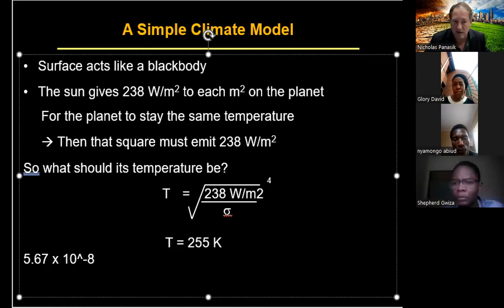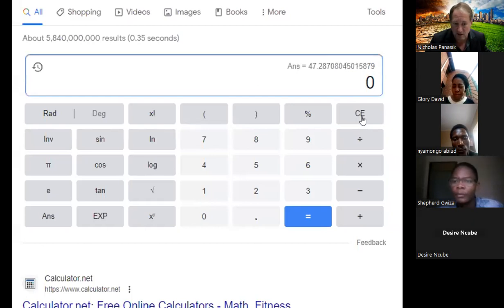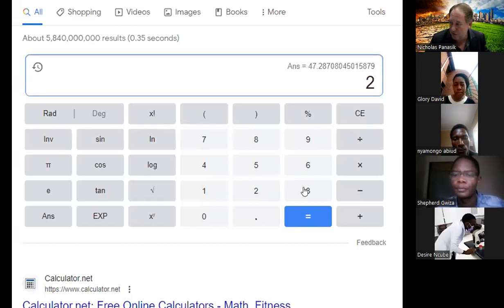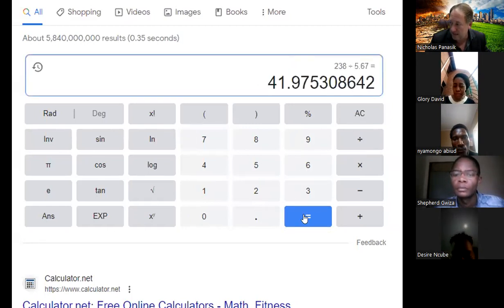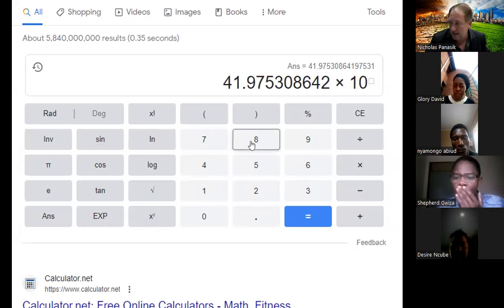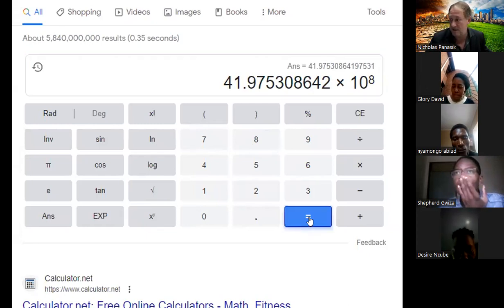So one way I could do that is, if I had 238, and then I'm going to divide that by 5.67 equals that. But now I'm going to multiply it by 10 to the 8th, because dividing by 10 to the minus 8 is the same thing as multiplying by 10 to the 8th.